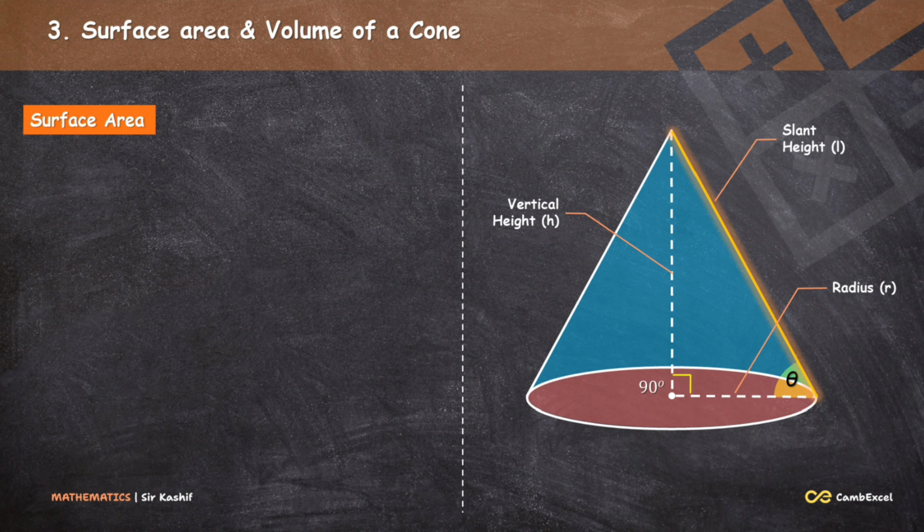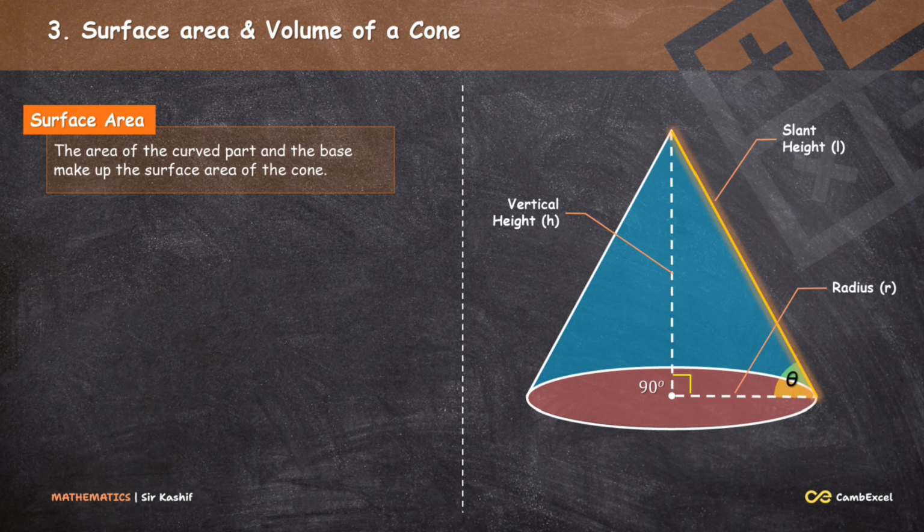The surface area is the area of the curved part and the base of the cone. In the formula, you can see both these areas. First of all, pi r square, which is the area of the base, which is a circle that we have already learned.